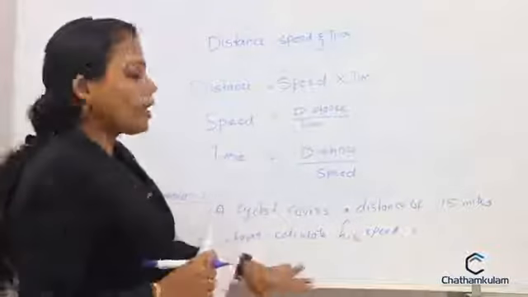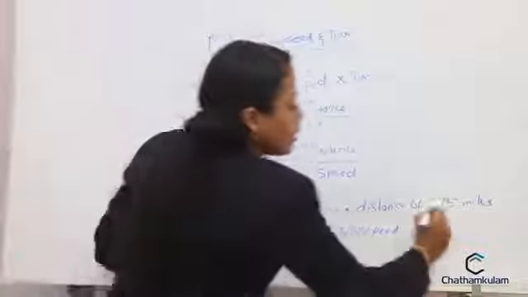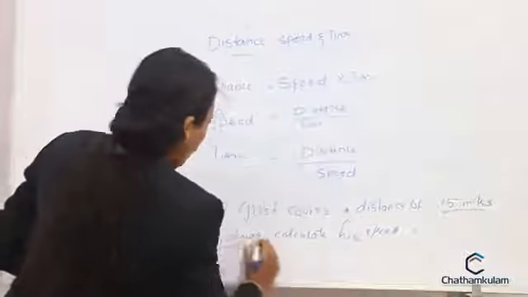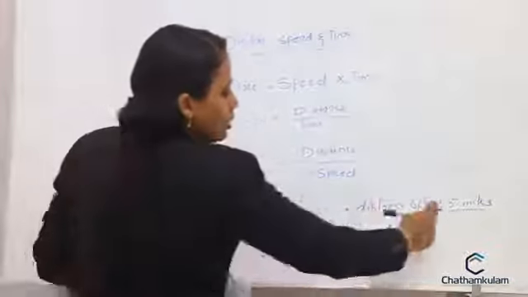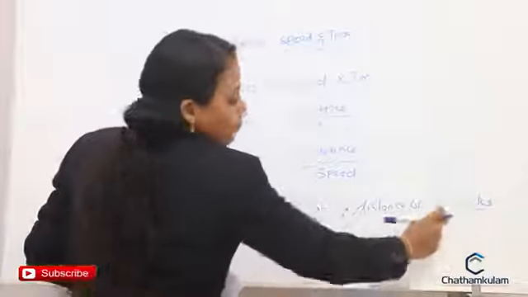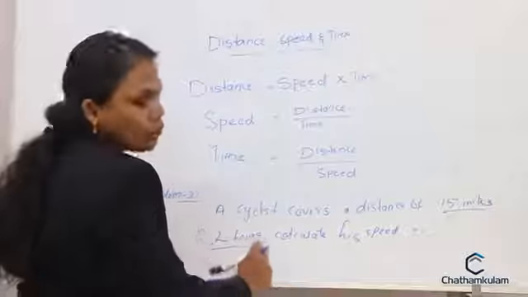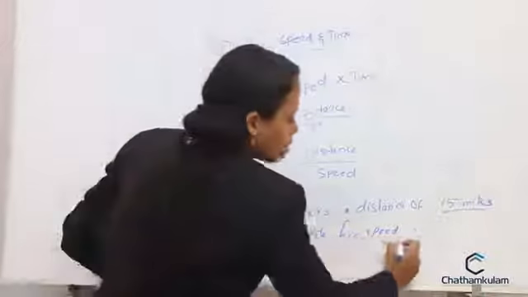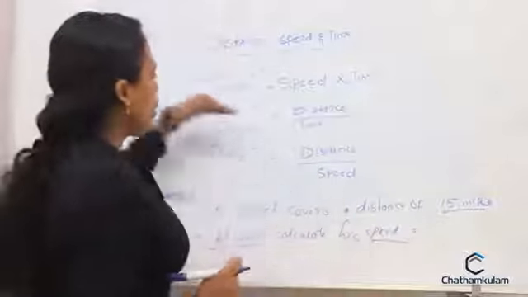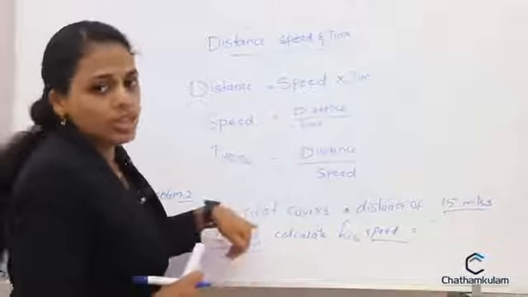When we see a question, first we need to underline what elements we have. Here the distance is 15 miles and the time is 2 hours. We need to calculate speed, so we put this into our equations to calculate the speed of that particular cyclist.